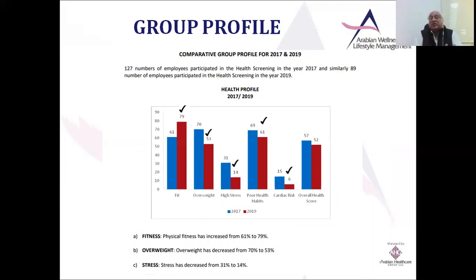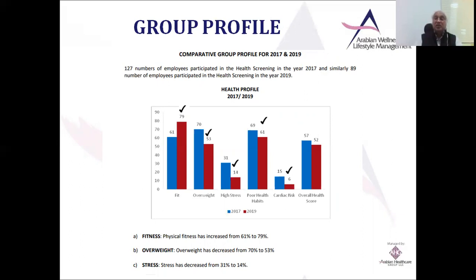It could be your city, it could be your country, it could be your family, the group. As you can see over here, not only does it give you information about the group, the level of fitness or the level of exercise capacity or obesity or stress, it also compares year on year.